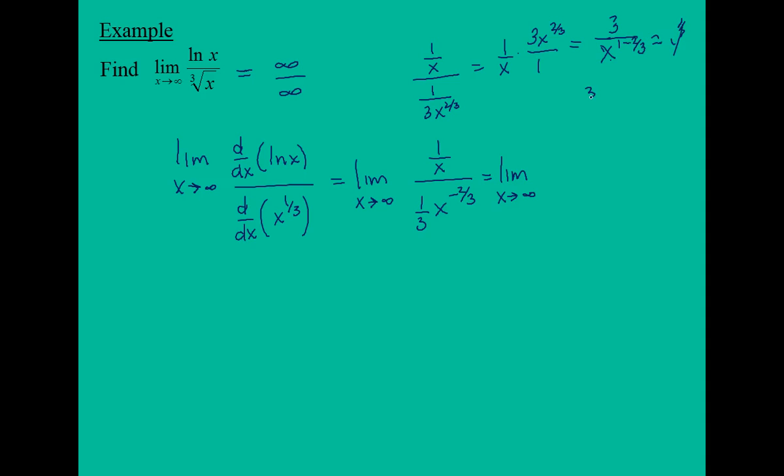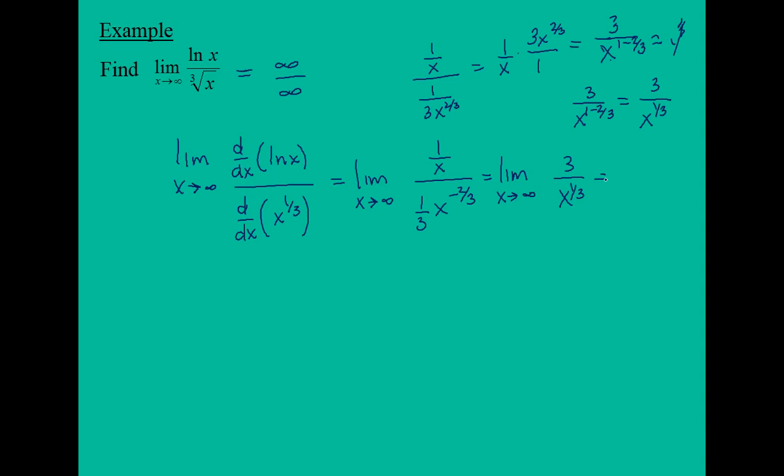Let me write it down here. 3 over x to the 1 minus 2/3. This would be 3 all over x to the 1/3 power. So that's what we're working with now. If we analyze this one, x to the 1/3, as x goes to infinity, is just going to get larger and larger.